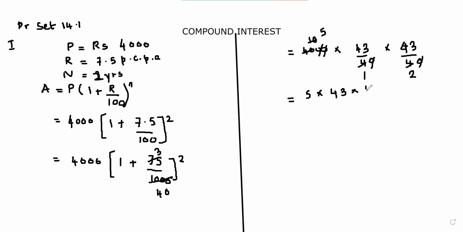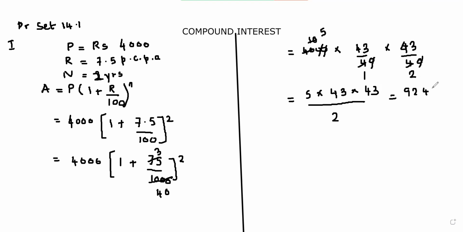Then again, I'll multiply it by 43. Whatever answer I get, I will divide by 2. So let me see you multiplying 43 into 43 into 5. 43 multiplied by 43 multiplied by 5 is equal to 9245.